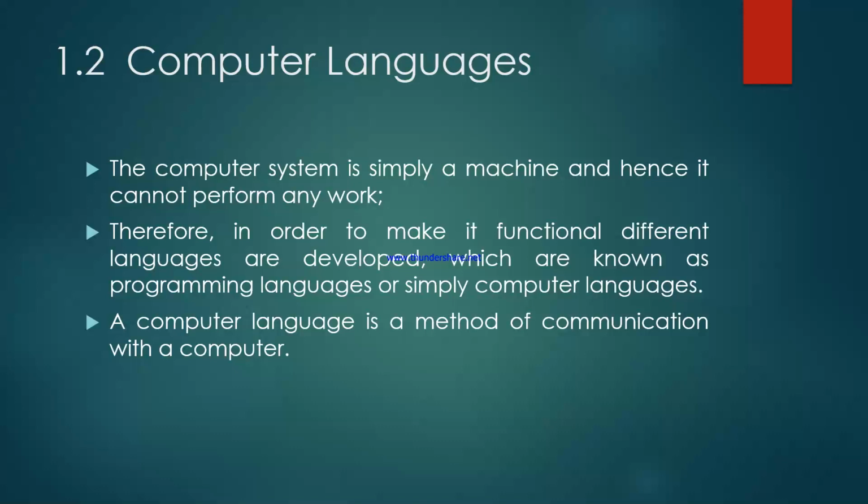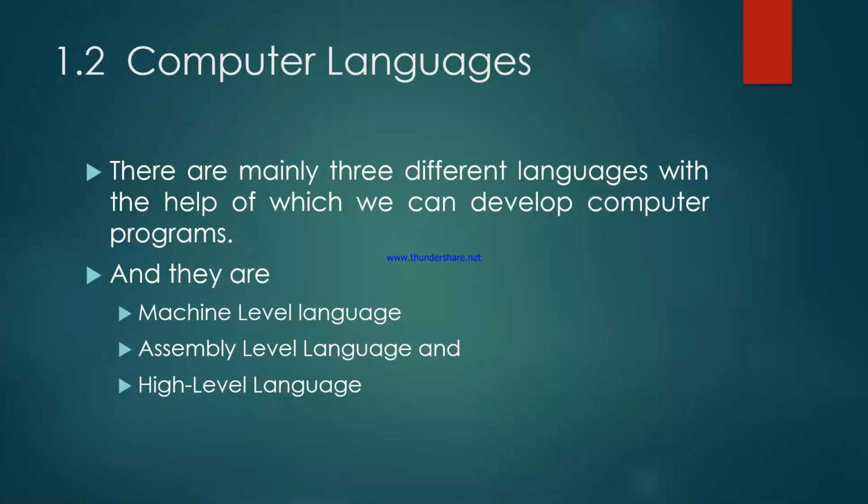or other entities. So in order to define the computer language, we have to know that there are three different languages with the help of which we can develop computer programs: the machine level language, second is assembly level language, and third is high level language.